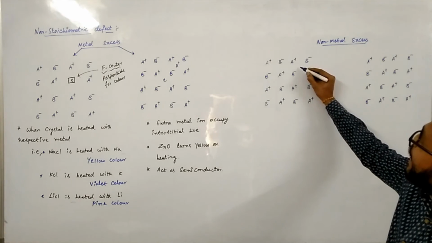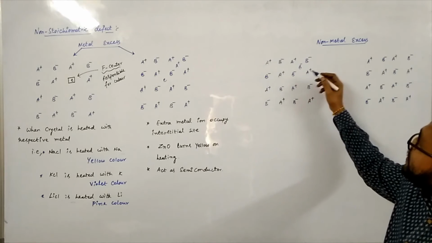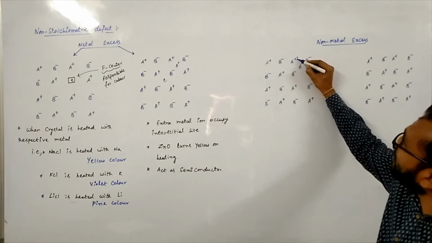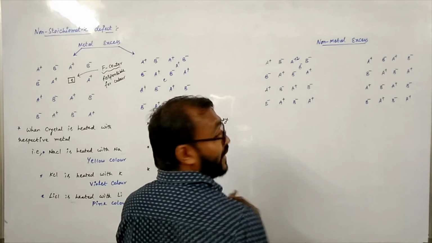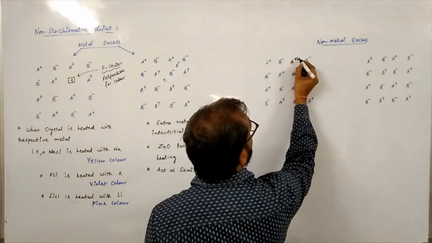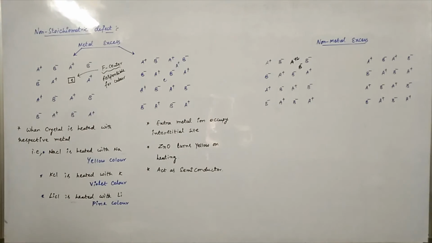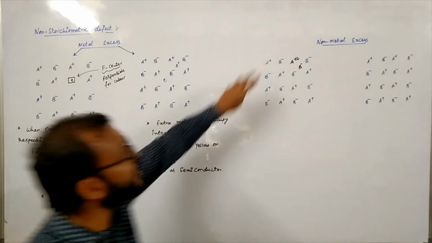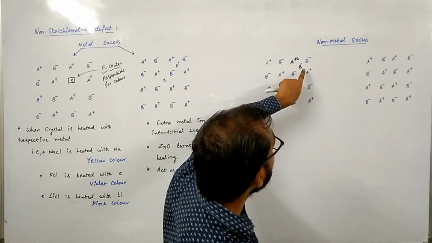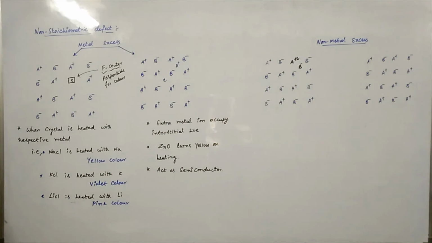You will have one anion in the interstitial site. Yes. And the charge is nullified by the higher oxidation state of metal in the nearby site. So this one metal is converted into A plus 2, and there is one anion in the interstitial site. So overall, the charge is neutral, but the number of anions is more.